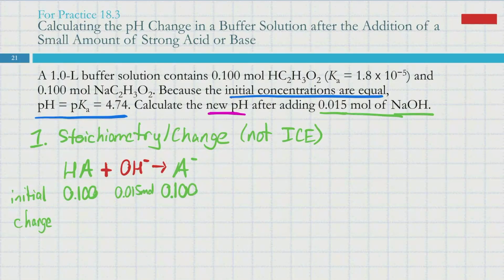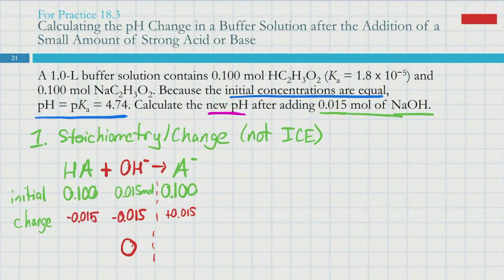So our 0.1 minus 0.015, and then on the other side, we're making the A minus, so we're going to get plus 0.015 as how things change.